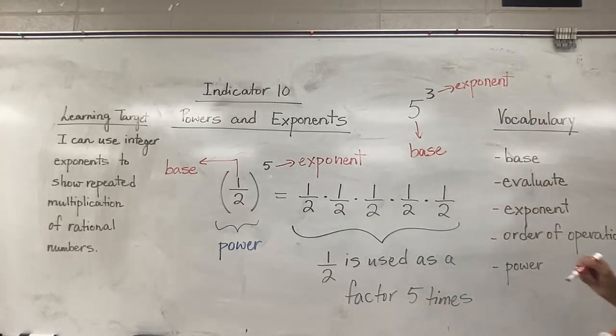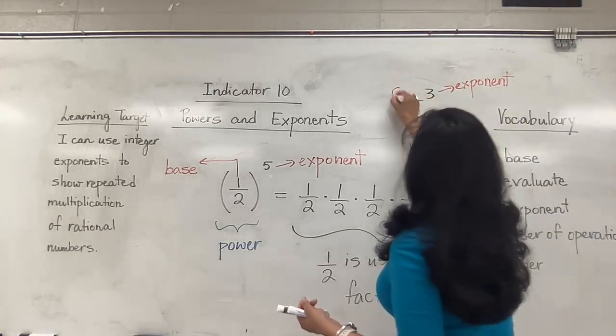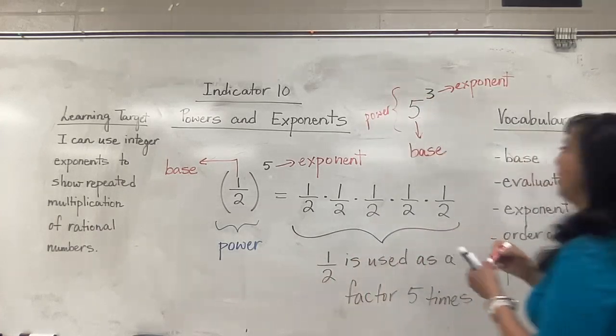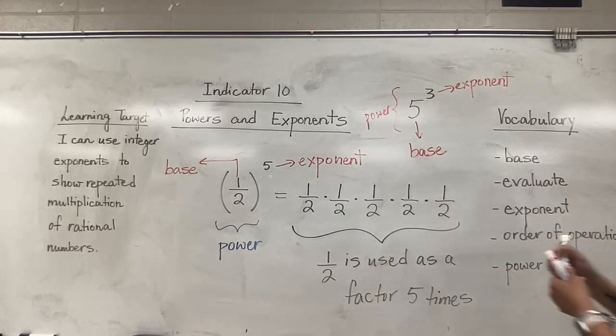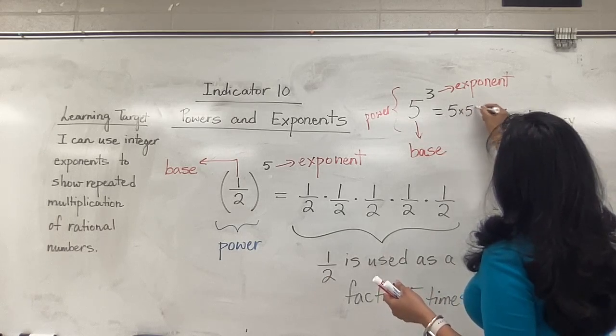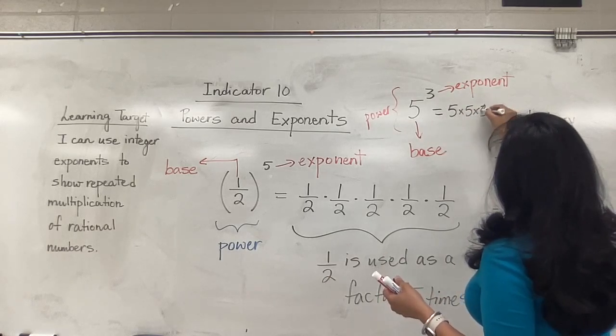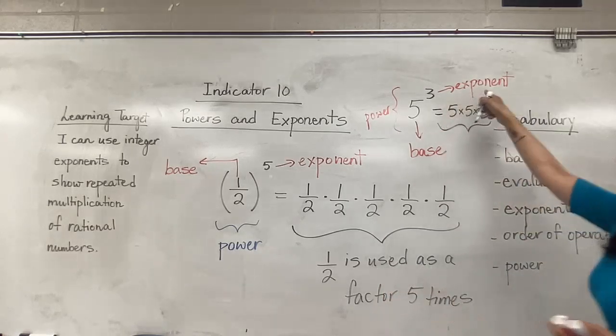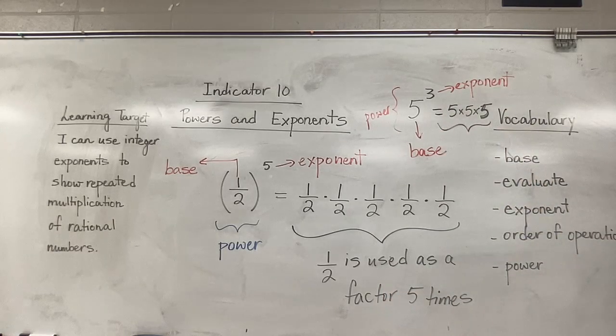The factor that I'm repeating is 5. So this is the power. And what does this mean? This means the factor, which is 5, is multiplied by itself how many times? 3 times. That's the exponent. 5 times 5 times 5. And that's what that means.